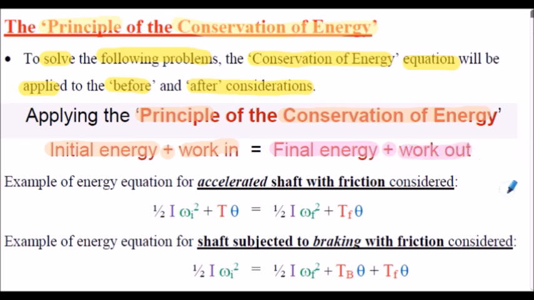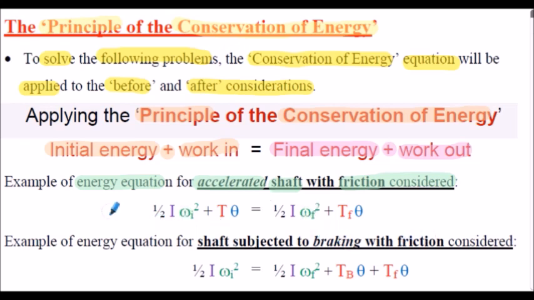So if we consider two different scenarios here, let's consider the energy equation for an accelerated shaft with friction considered. We're assuming here that the shaft is already rotating with some initial angular velocity, omega i, and it will be increasing its speed and so have a final angular velocity, omega f.